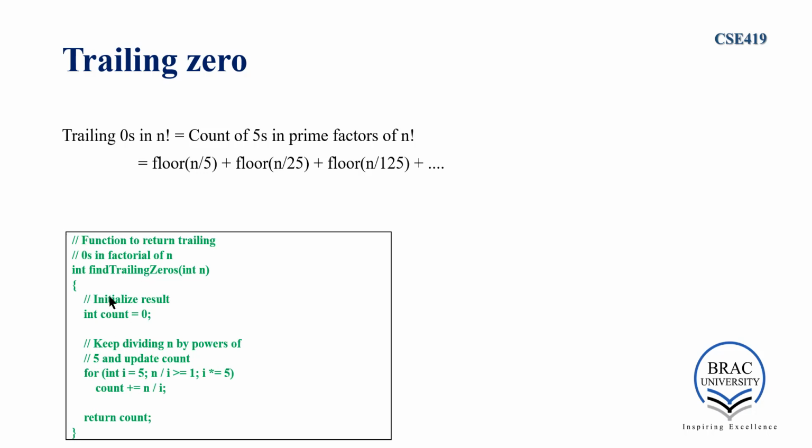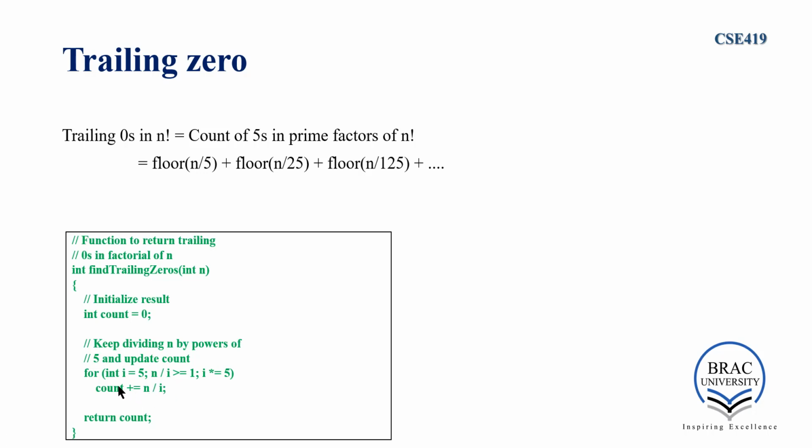You just need to write that firstly you initialize count to 0. That means your count will be the count of 5s in your number. Then write a loop which starts from 5, and the next value will be 5 into 5, then 5 into 5 into 5, like 5, 25, 125, and then 625.